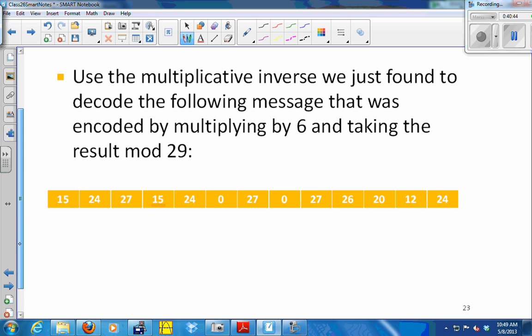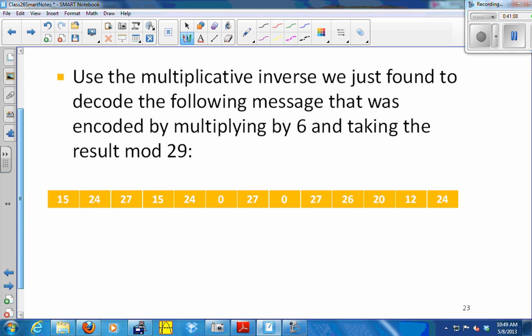So I want to use that multiplicative inverse that we just found, the 5, to decode this message. This message was encoded by multiplying by 6, taking the result mod 29. So to decode, I should multiply by 5. 5 is what undoes multiplication by 6 in mod 29.